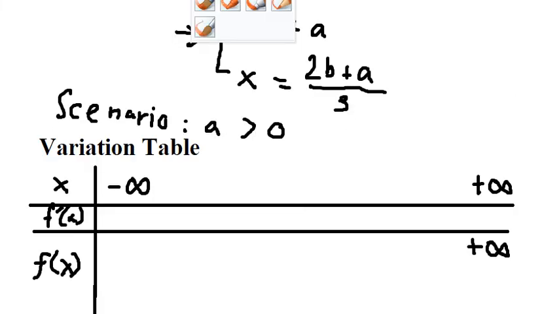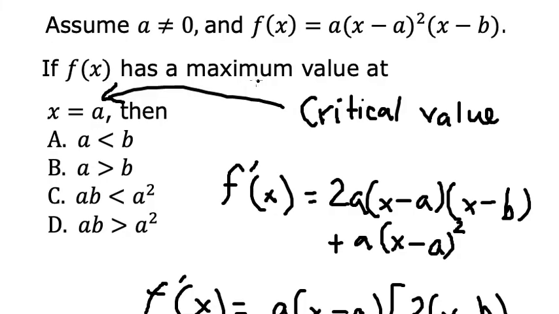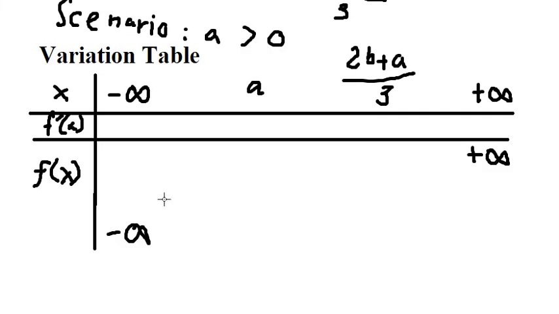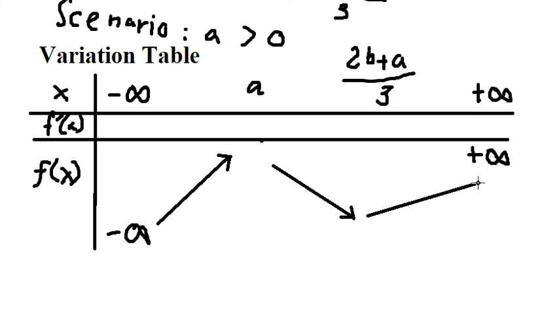If we want s equal to a to be a maximum value, so a should be in here and 2b plus a over 3 should be here, because they will go like this. We know that this one is positive, and when the value goes to this area it goes negative.